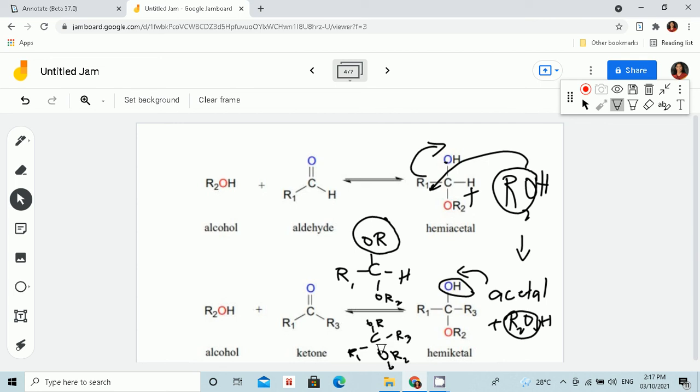So that's it. When a hemiacetal or a hemiketal is attacked by an alcohol, the OH will be replaced with OR.